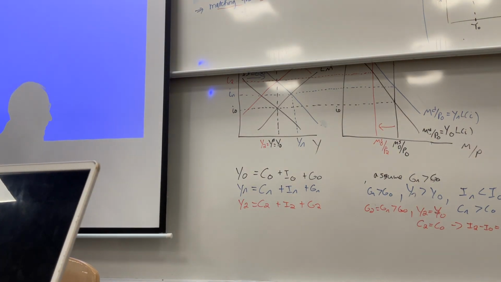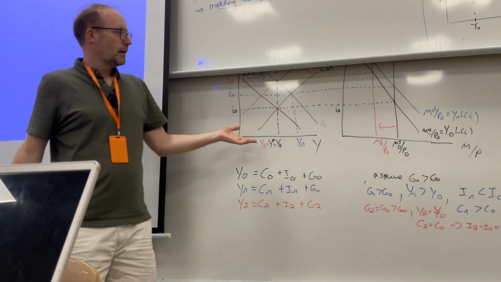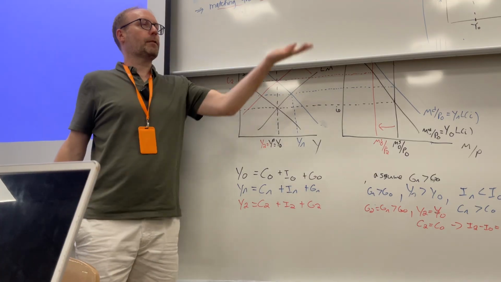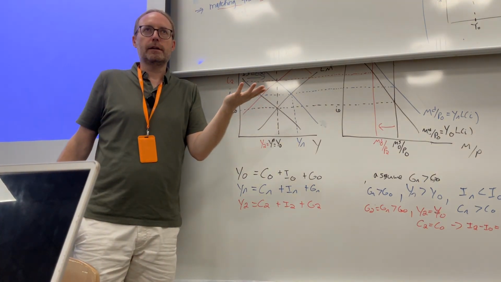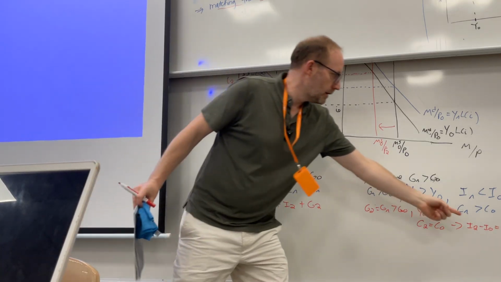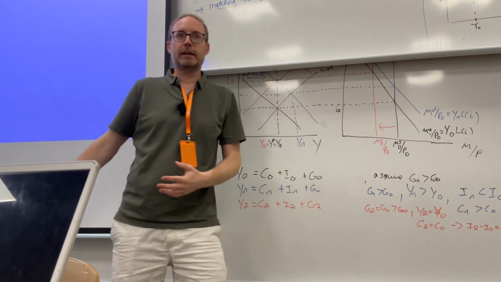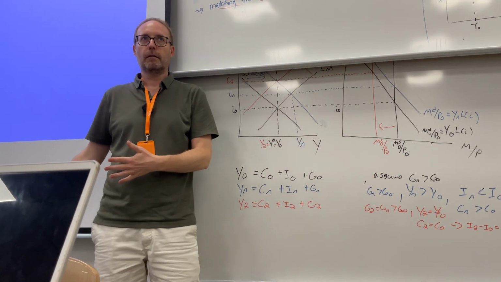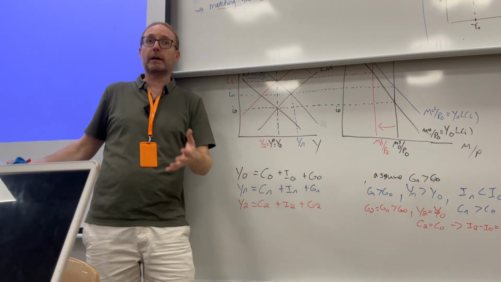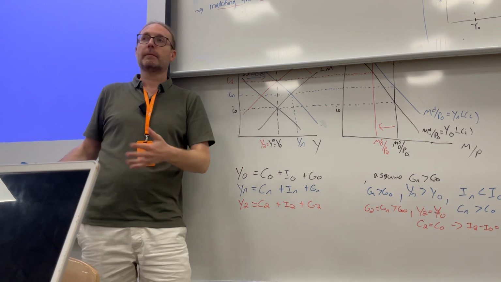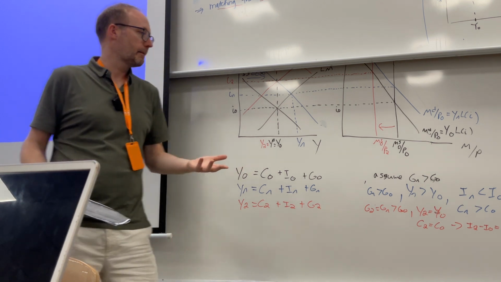So in the long run, we increase government expenditures, output doesn't change, and all we've done is replace part of private investment with government expenditures. So we just make the government a bigger portion of our economy. That's the only long-run consequence here.